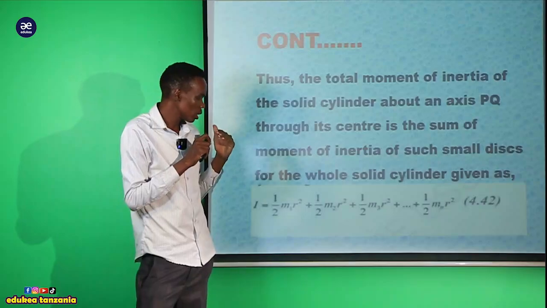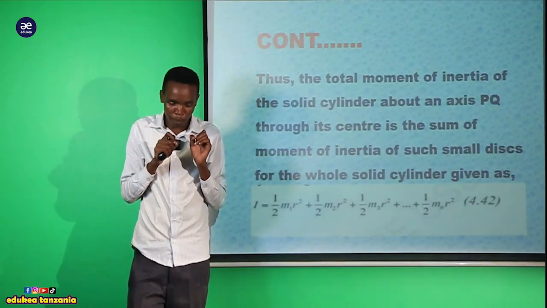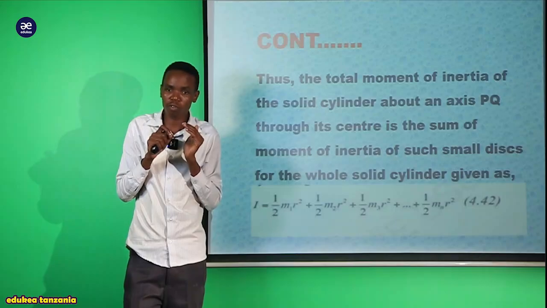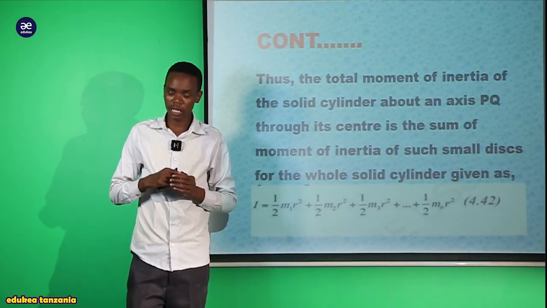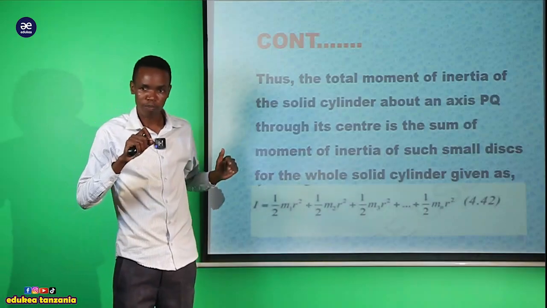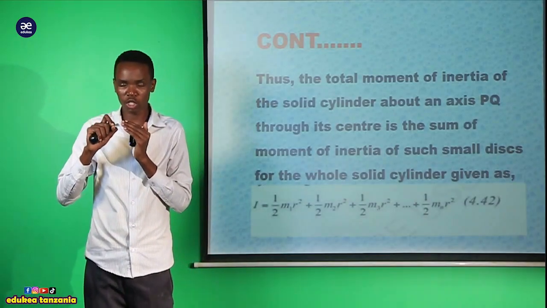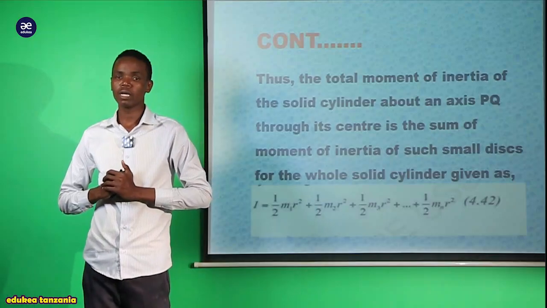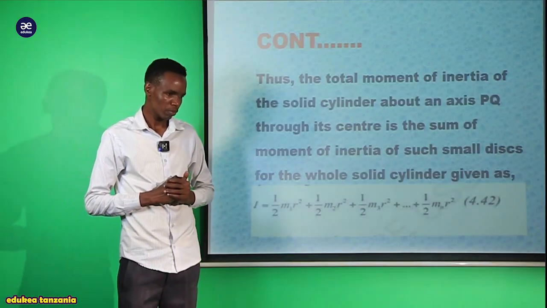It means the total moment of inertia for the solid cylinder equals I1 plus I2 plus I3.